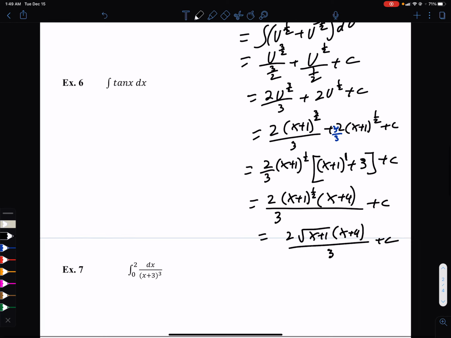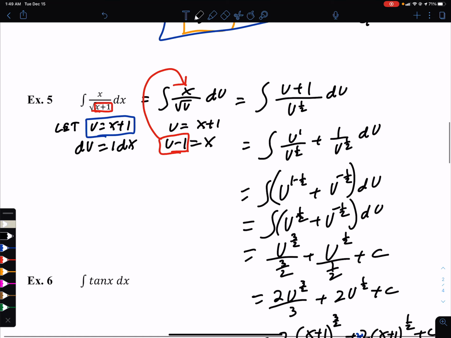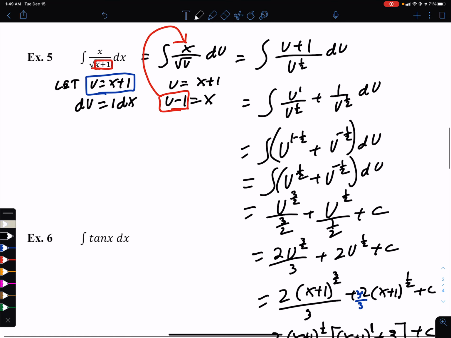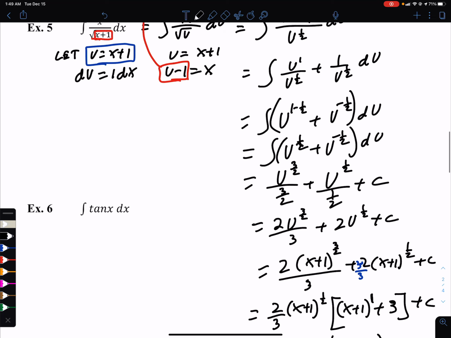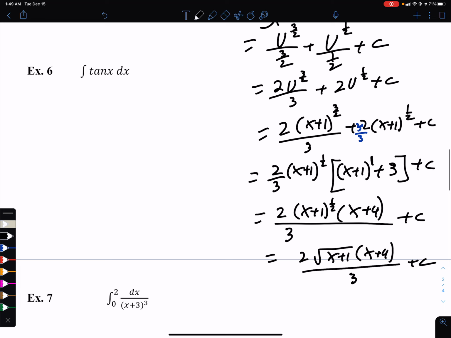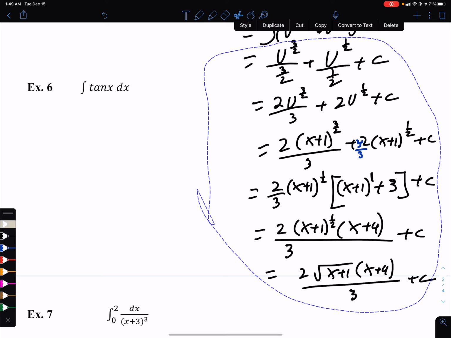But that will be example 5. Looks kind of crazy, but most of that was algebra. The calculus part wasn't too bad. I'm going to erase all this and keep going.